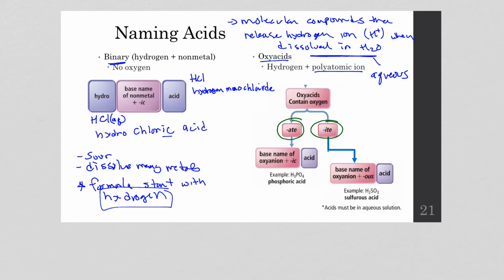So I had H3PO4. The PO4, that's the phosphate ion. And so you can see here that when we name it as an acid, that ATE turns into an IC and it becomes phosphoric acid.